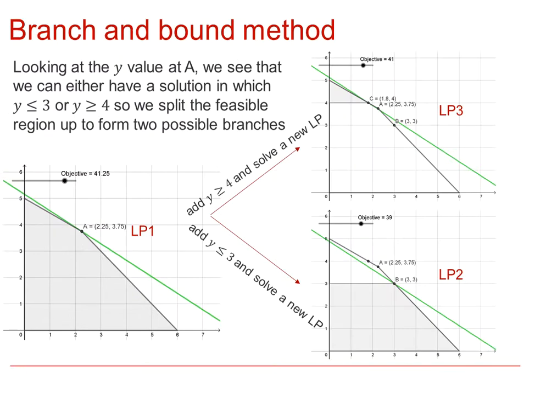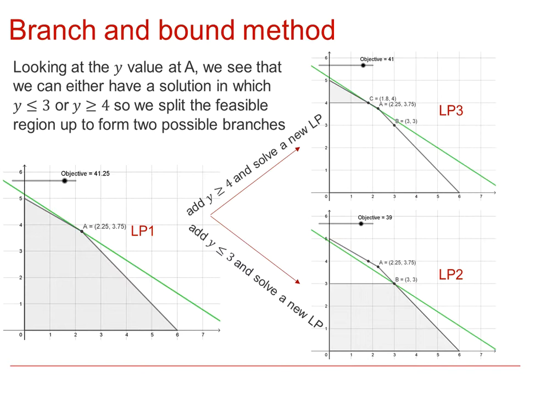So the branch and bound method involves solving several linear programmes as we go along, which would be tedious by hand, but using computation is relatively straightforward. Looking at the y value at A, we see that we can either have a solution in which y is less than or equal to 3 or y is greater than or equal to 4.